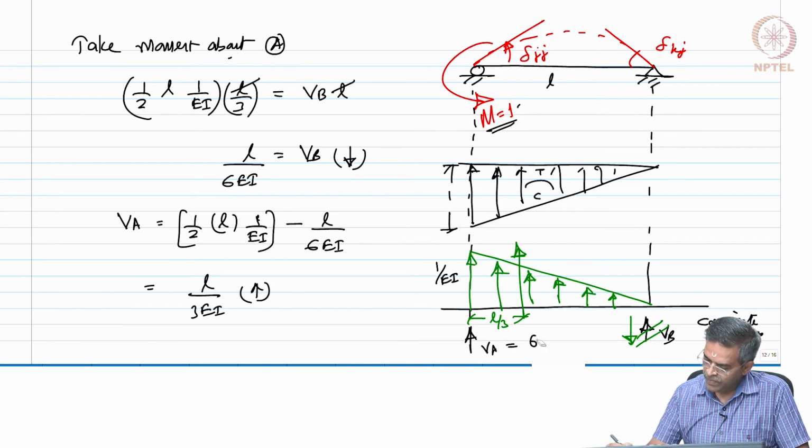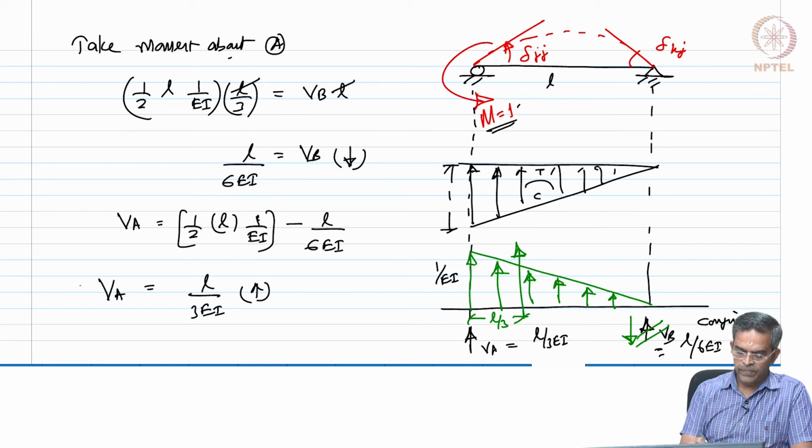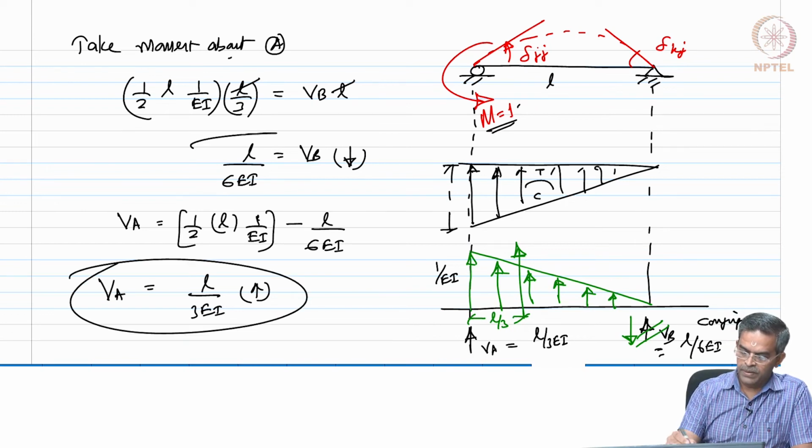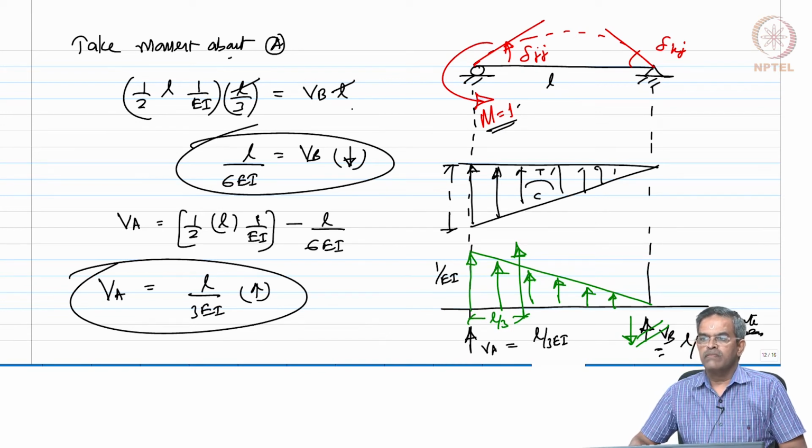So, this is L by 3 EI, this is L by 6 EI. This is acting downward, this is acting upward. So, I have VA and I have VB. Okay.